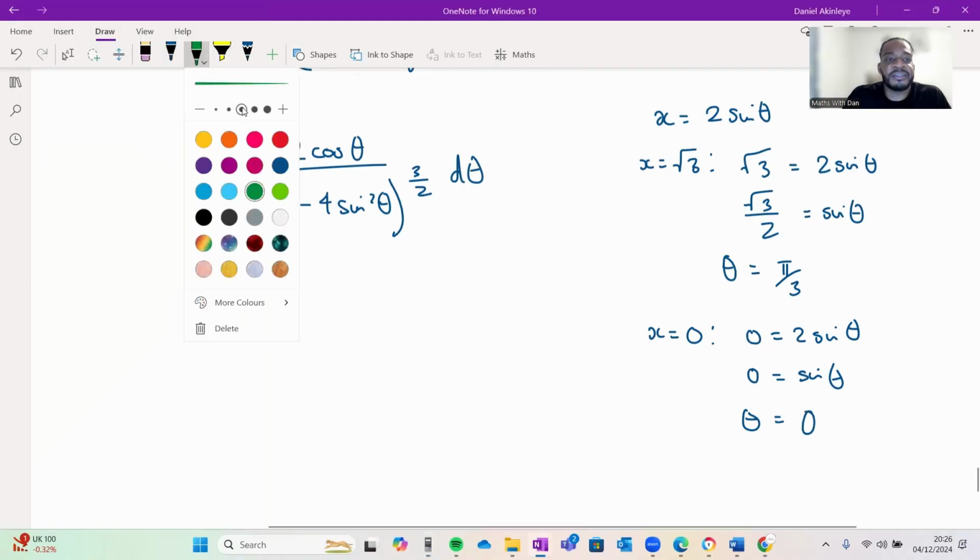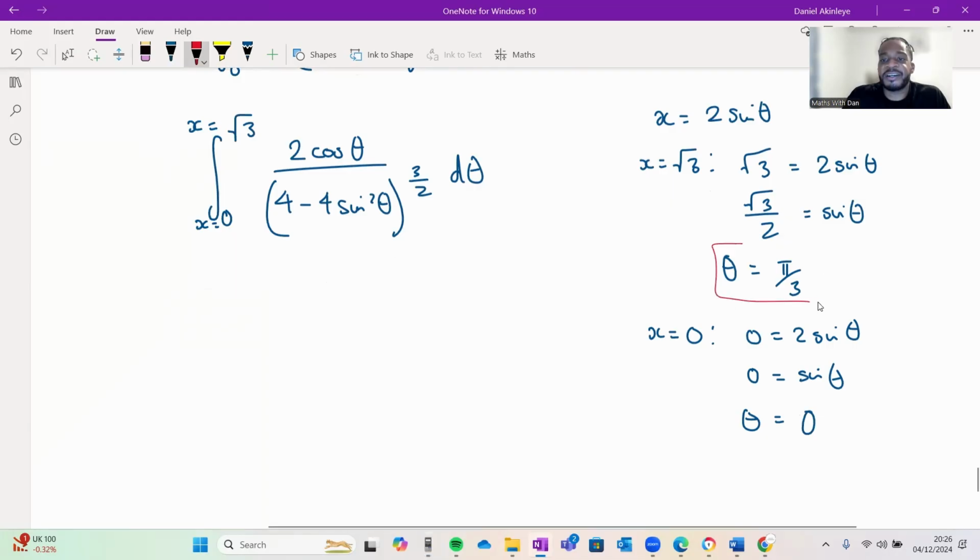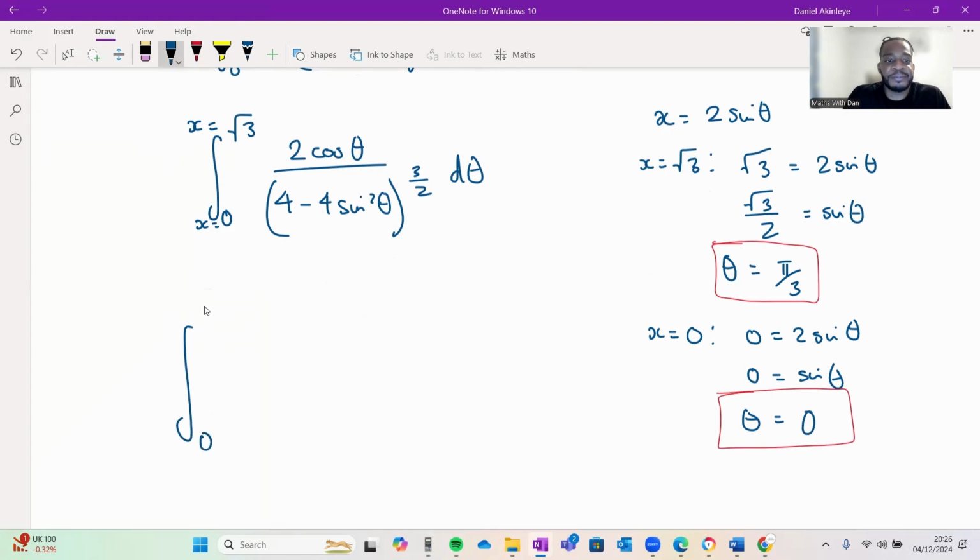So therefore, these are our new limits of integration: pi over 3 and 0. So the question becomes the integral from 0 to pi over 3 of 2 cos theta over (4 minus 4 sine squared theta) to the power of 3 over 2 d theta.